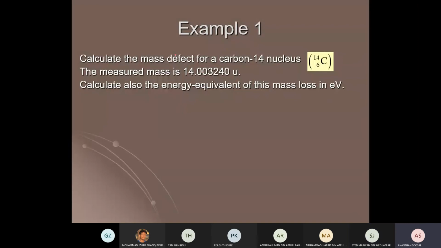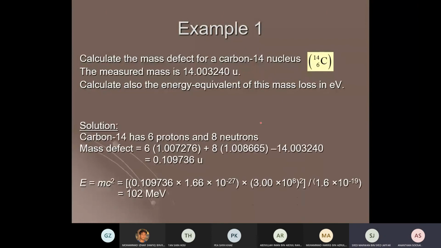How do you find mass defect? Mass defect is the total mass of the nucleons minus the mass of the nucleus, right? How many nucleons does it have? It has 6 protons and 14 minus 6, how much? 8 neutrons. So the mass defect will be how much?